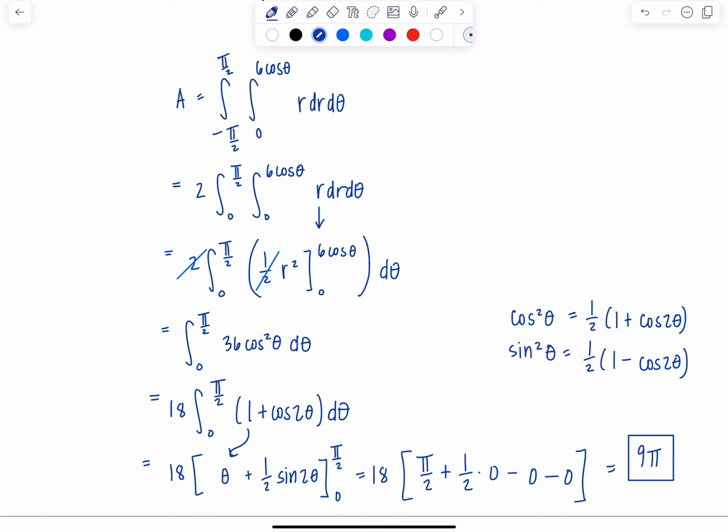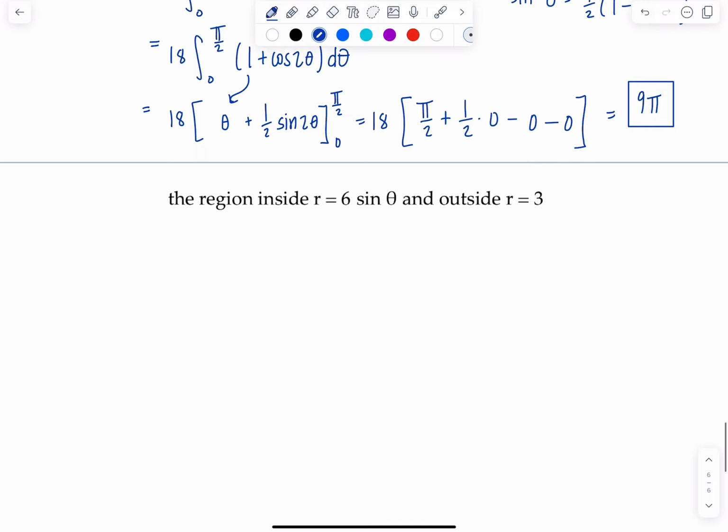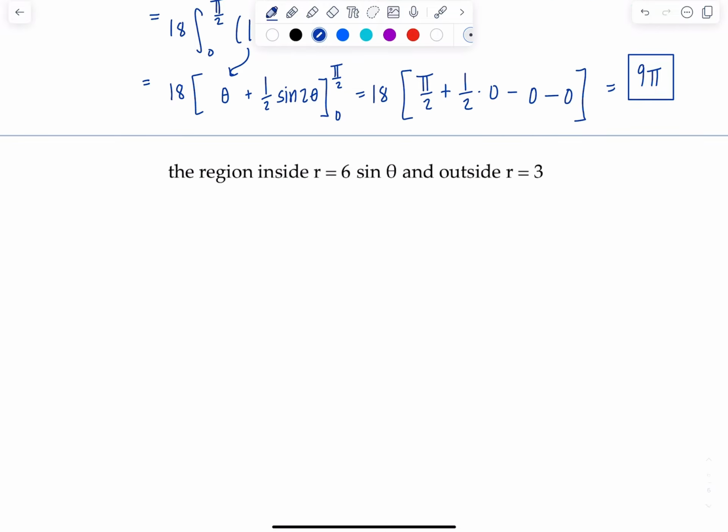Okay, that was fab. Let us move on to a little bit more spicy area problem. The area of the region inside r equals 6 sine theta and outside r equals 3. Okay, so we have two polar curves.